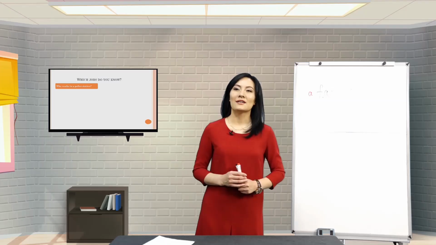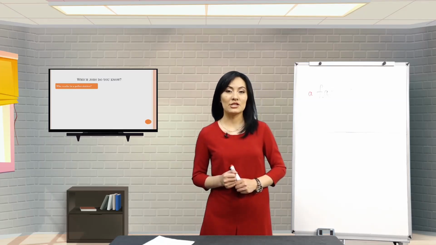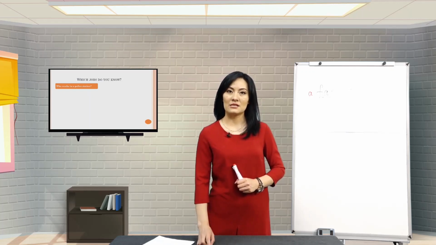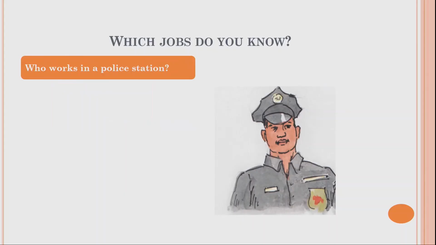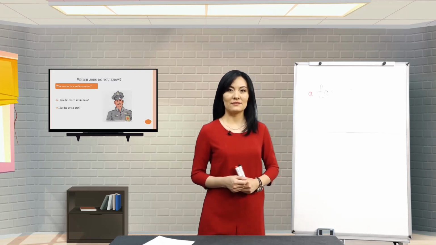Next. Okay, children. Let's find who works in a police station. Yes, it's a police officer. Good. Does he catch criminals? Yes. Has he got a gun? Yes. A police officer. Repeat. A police officer. Good.